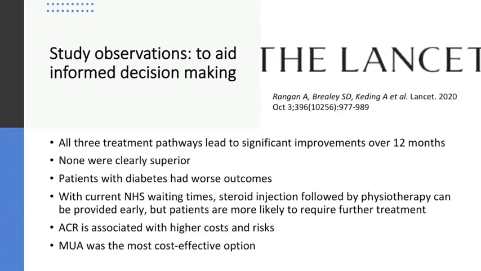So when there isn't a clear winner, you need to look at other aspects that might guide the choice of treatment. The risk profile, the costs, and perhaps the waiting times for accessing treatment might be important to consider as part of shared decision making between surgeons and patients.